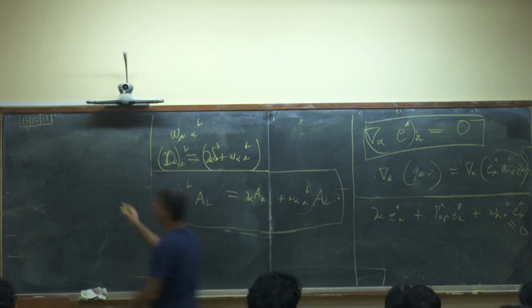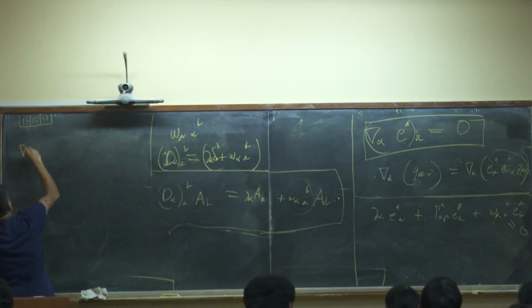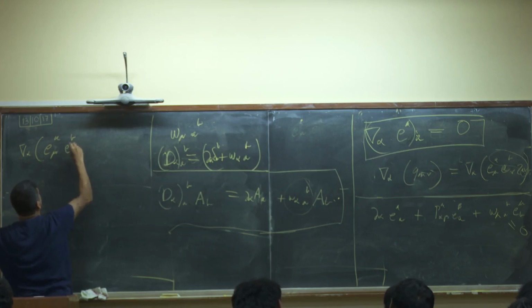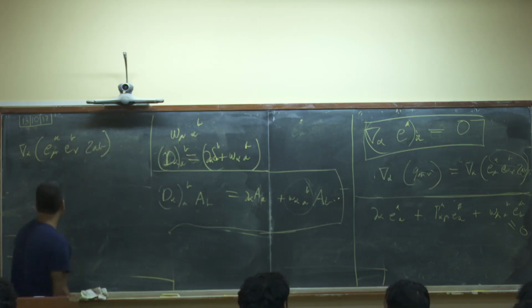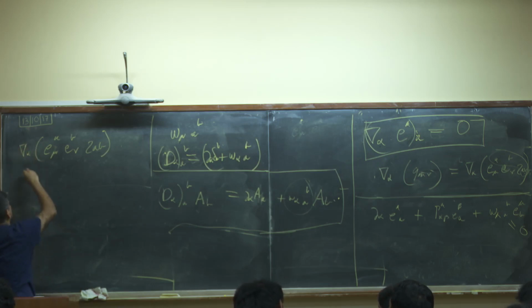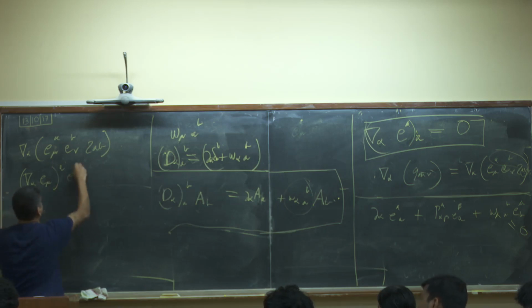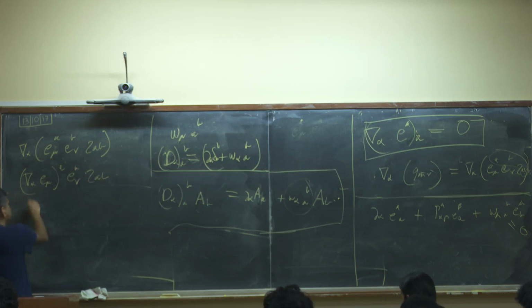Firstly, del_α of E^A_μ E^B_ν η_AB is equal to del_α following the Leibniz rule, E^A_μ times E^B_ν times η_AB plus the other term.